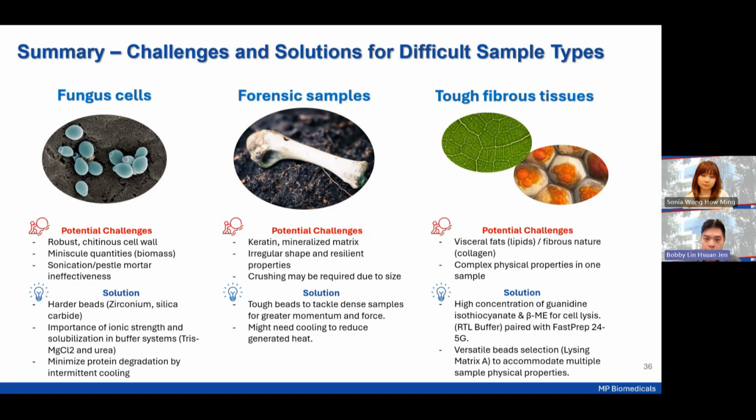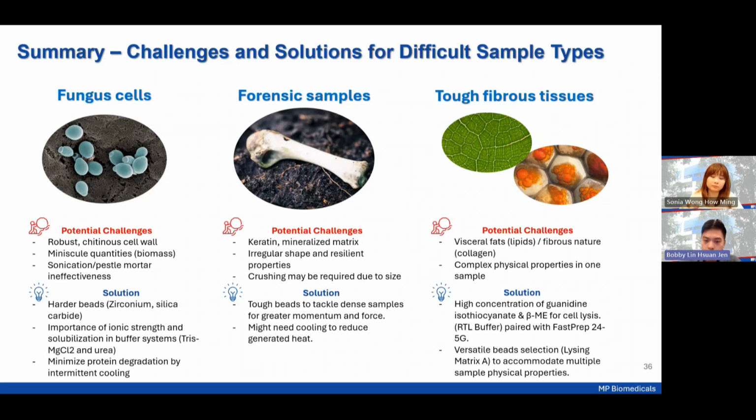And the last is tough and fibrous tissues, where we're facing different visceral fats, such as lipids, and also the fibrous nature, for example, the collagens. A lot of times when we're extracting from one type of tissue, it comes with a variety of complex physical properties. These are the challenges we face for this type of tissue.